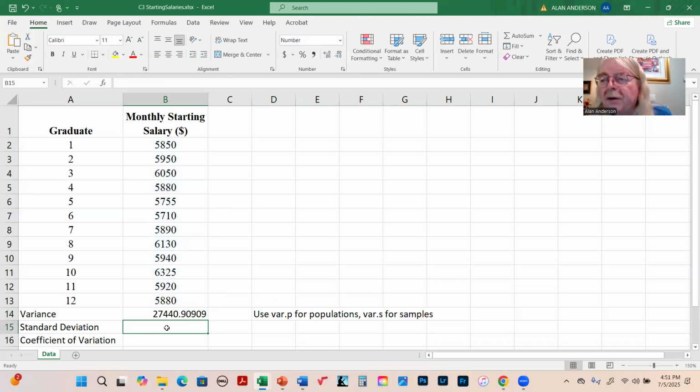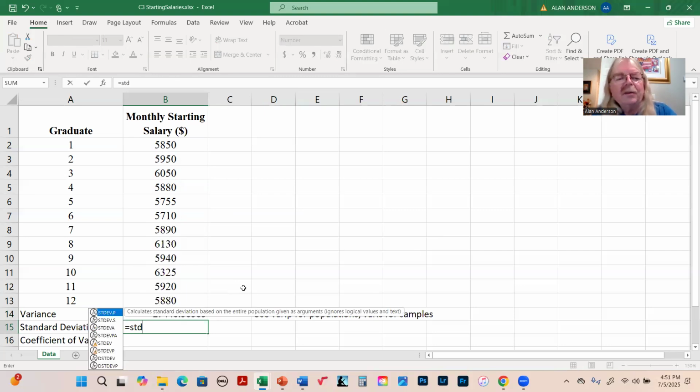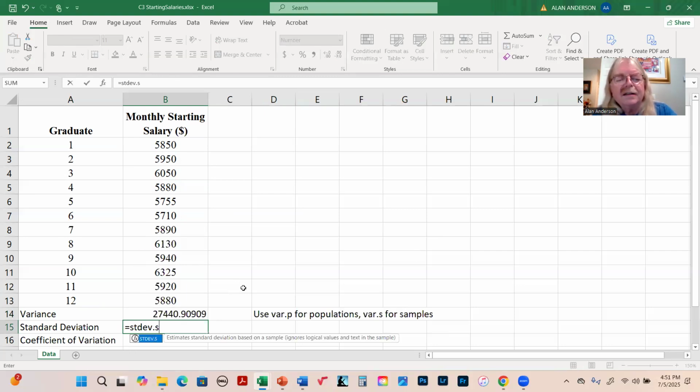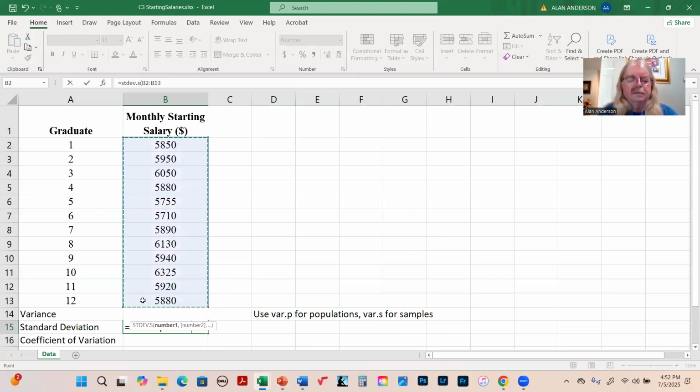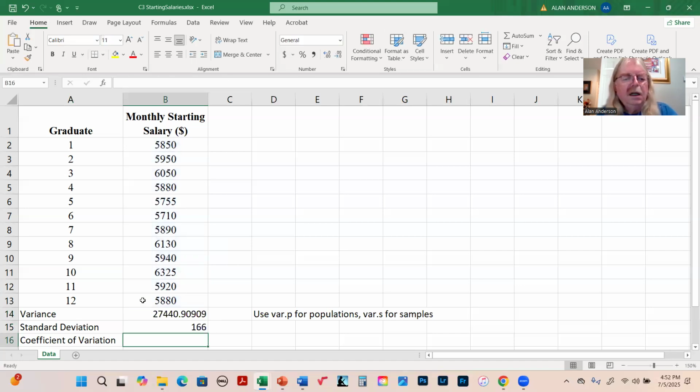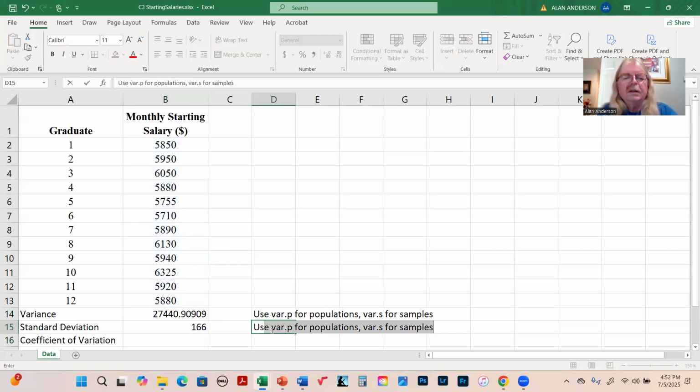Now the standard deviation, you have two options here. You can use, now this is spelled, by the way, STDEV.S. Okay, so use STDEV.P for populations, STDEV.S for samples.